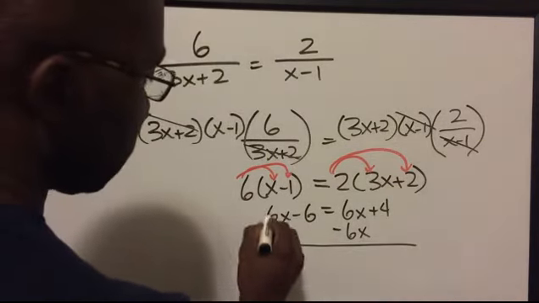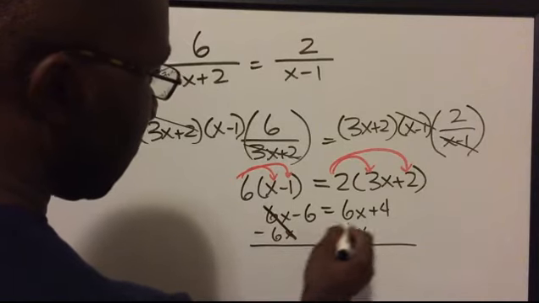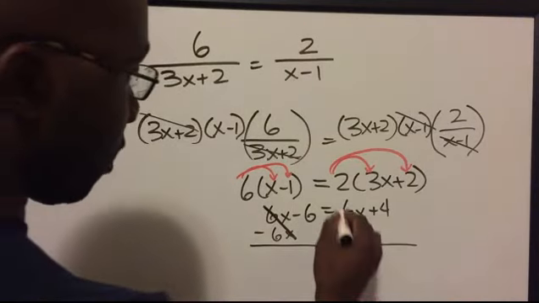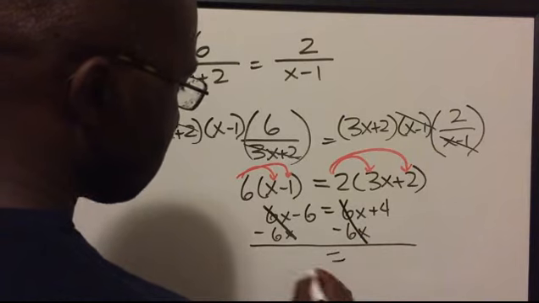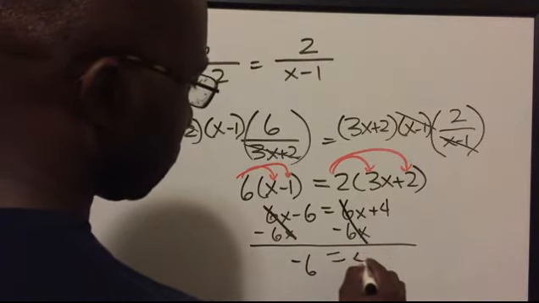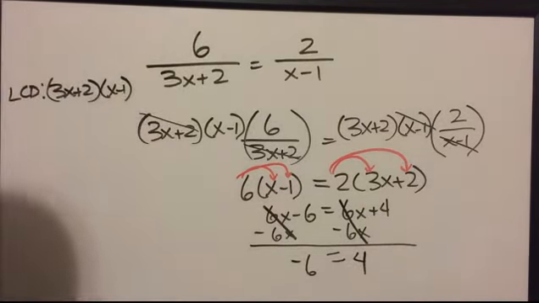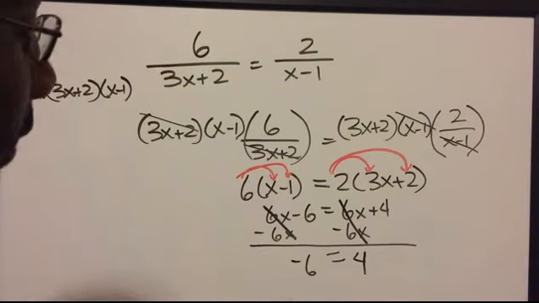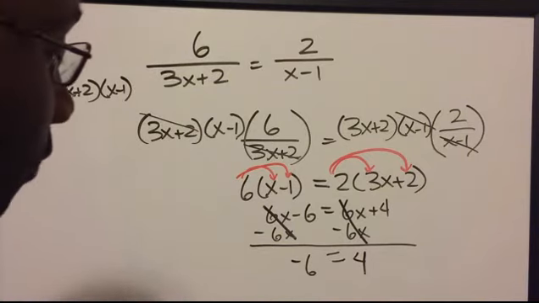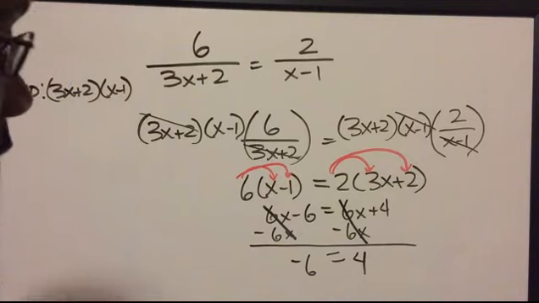This cancels out. 6x minus 6x is 0. 6x minus 6x is 0. So, minus 6 is equal to 4. Well, we cannot get the x's on one side here. Now we just have two real numbers that are equal to each other.